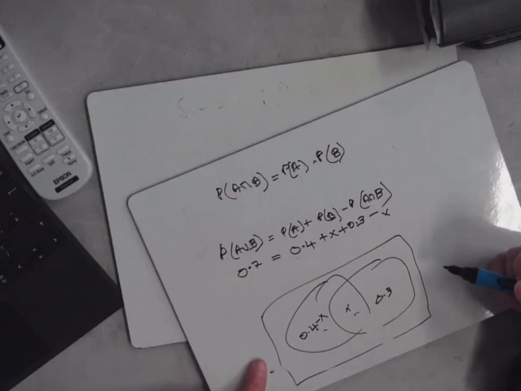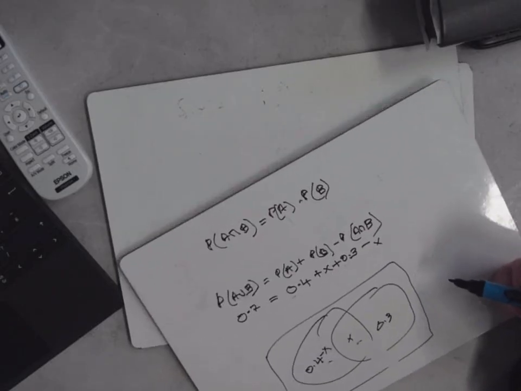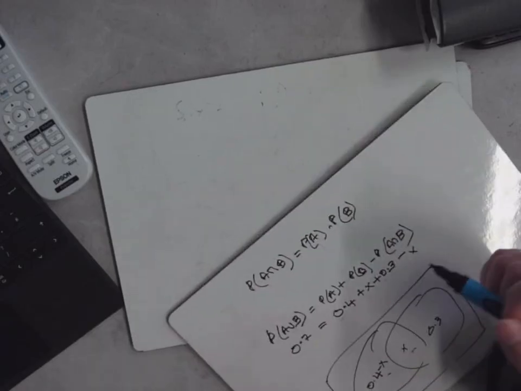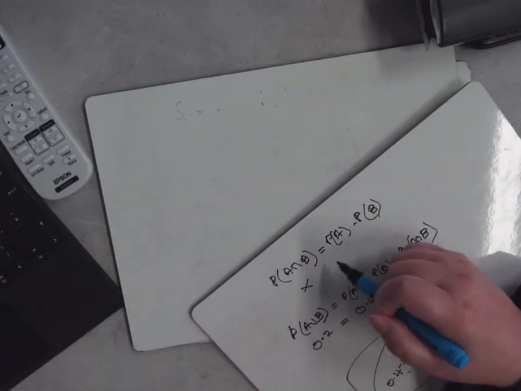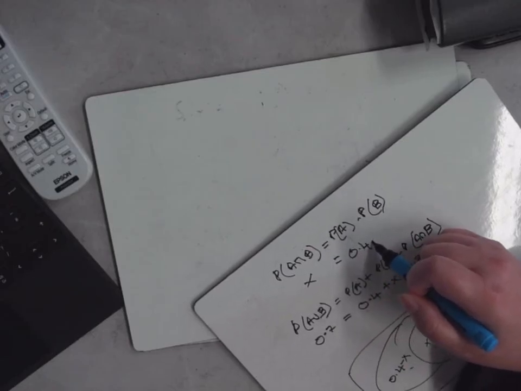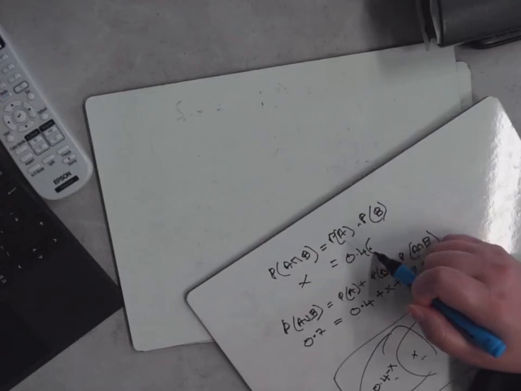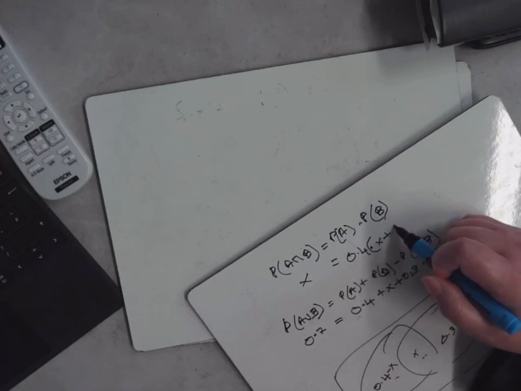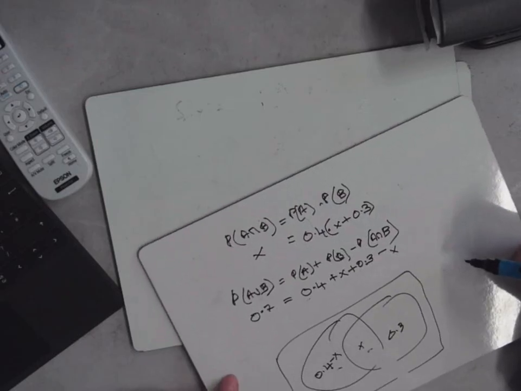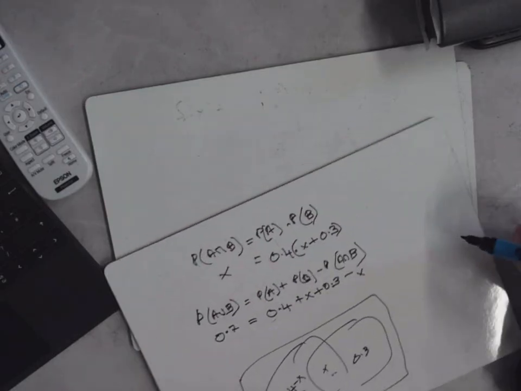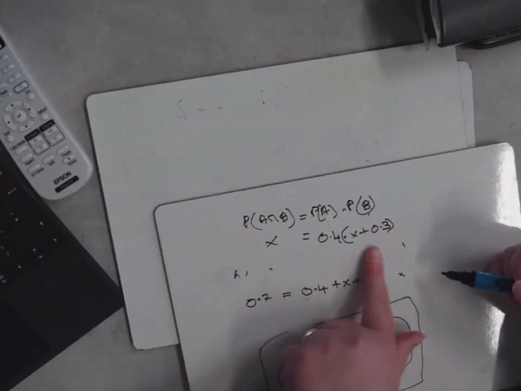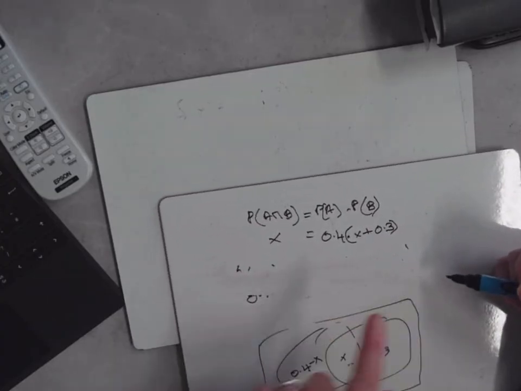Right, let's go again. Let's try this. Intersection X is equal to 0.4 multiplied by X plus 0.3. I don't think this will work either, will it? So, just ignore that, that was not helpful.